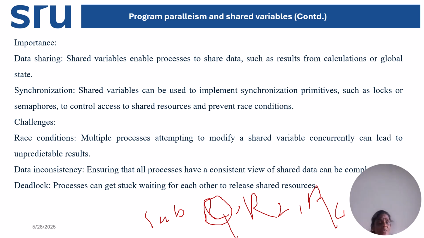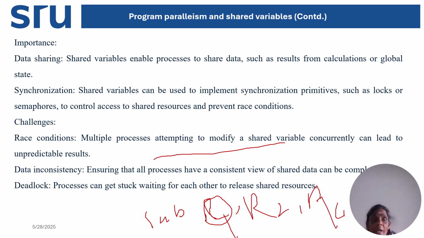Challenges: race condition. Multiple processes attempting to modify a shared variable concurrently can lead to unpredictable results. So shared variable means many things. If it is requiring data from the previous, only data means no problem, but the result data means it is a serious problem.